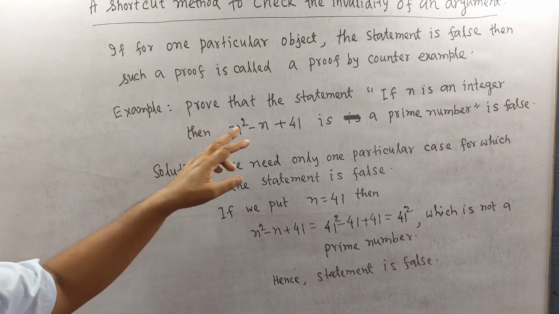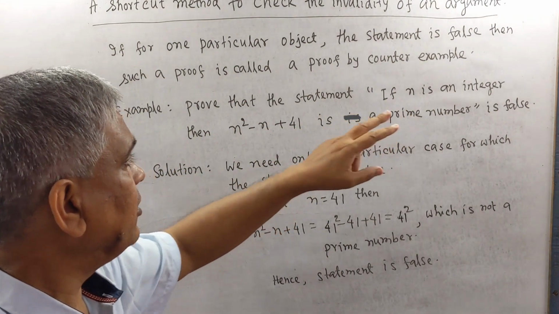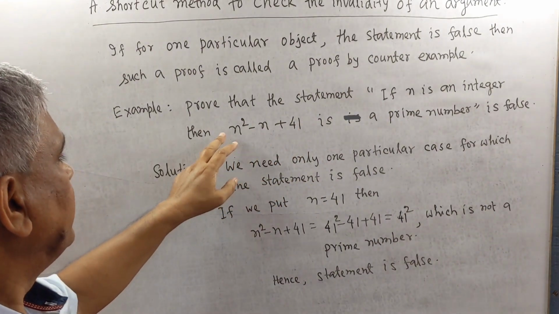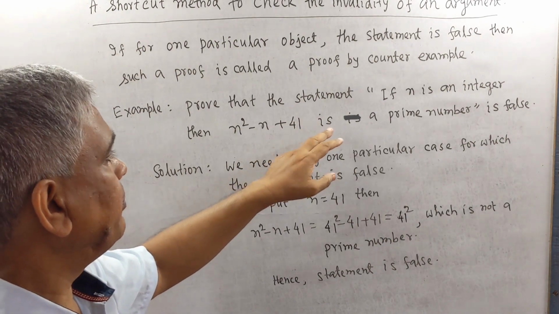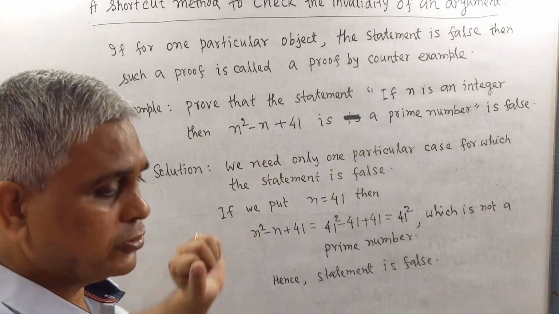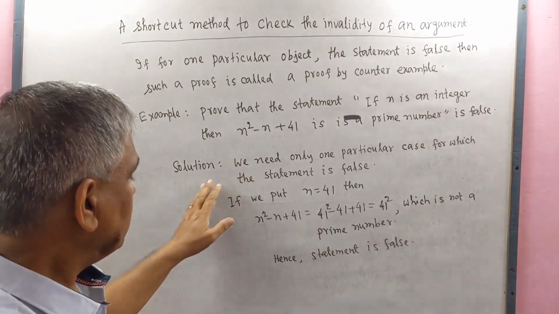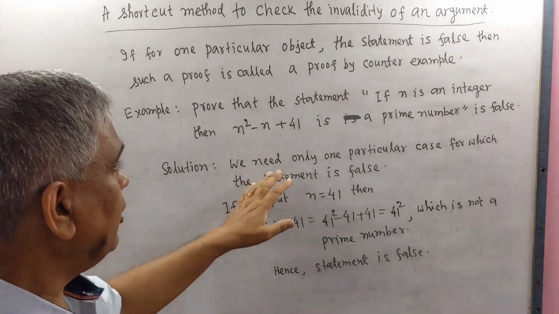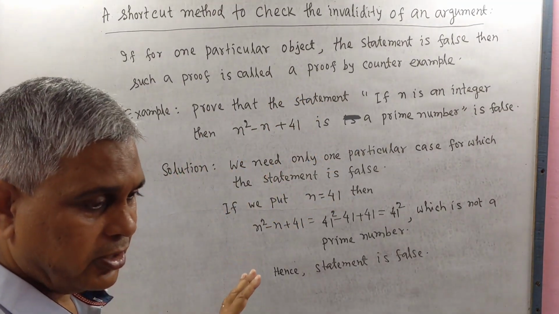Prove that the statement, if n is an integer, then n square minus n plus 41 is a prime number, is false. We need only one particular case for which the statement is false.